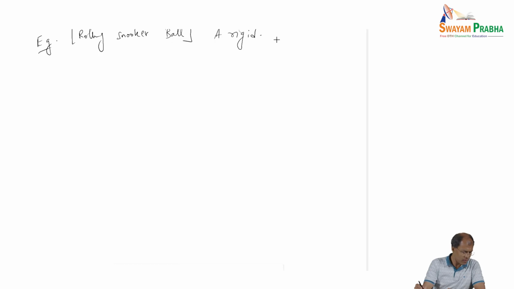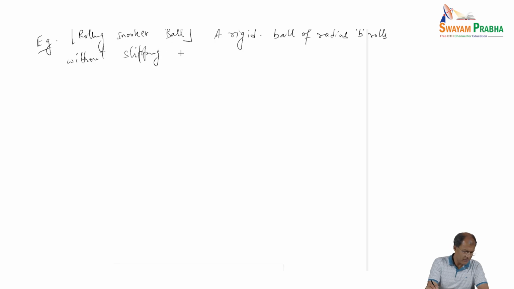So the problem says a rigid ball of radius b rolls without slipping on a horizontal table.